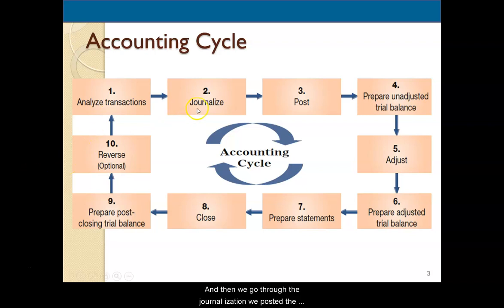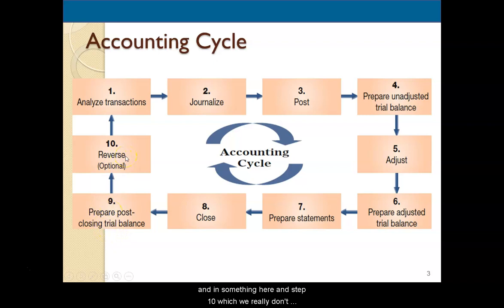And then we go through the journalization, we post to the various accounts, we have our first unadjusted trial balance, and then we adjust that, we prepare the adjusted trial balance, we prepare the statements, and then we get into the closing process and the post-closing trial balance.